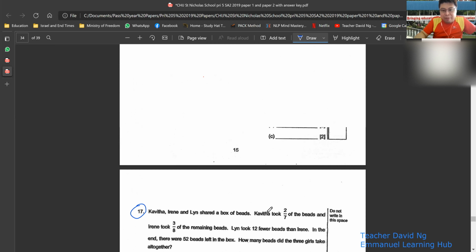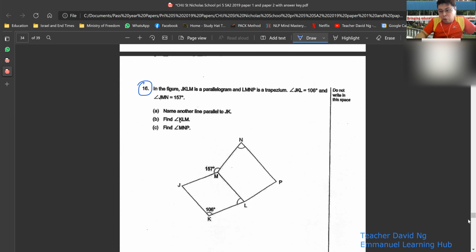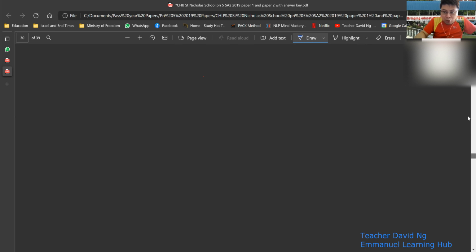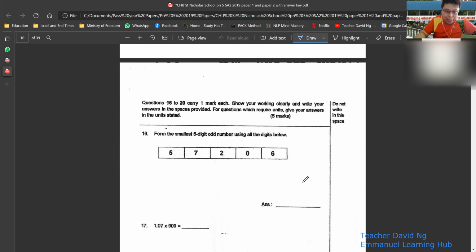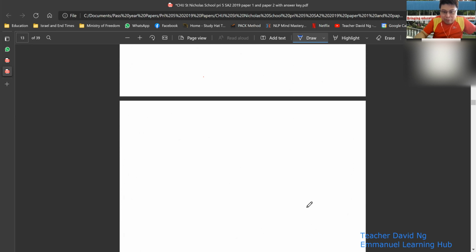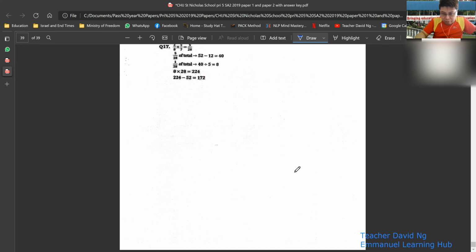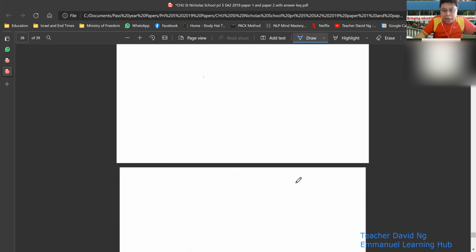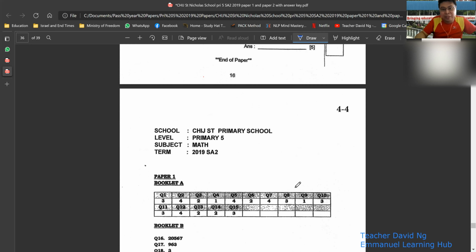So you start from the 5 marks question. When you check your paper 2, please don't go to question 1 and check from the front. Don't do that, okay? You start from the 5 marks question. With 15 minutes minimum, you can check at least one of the 5 marks questions thoroughly.